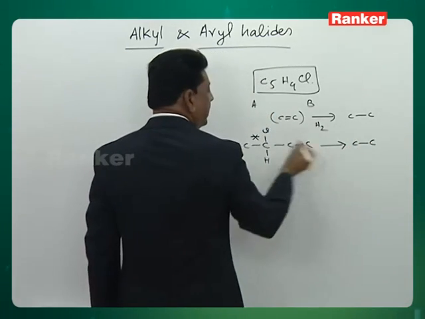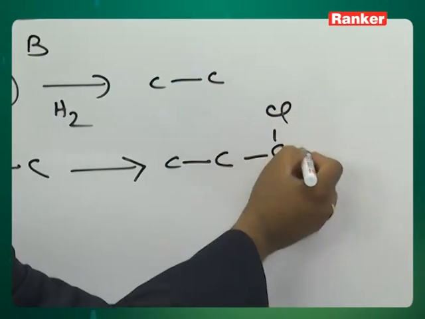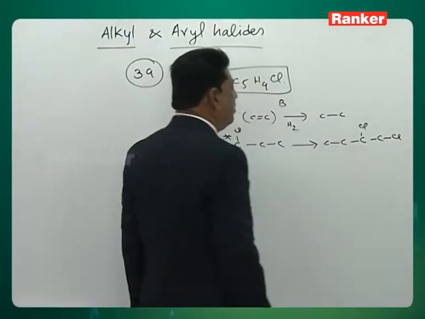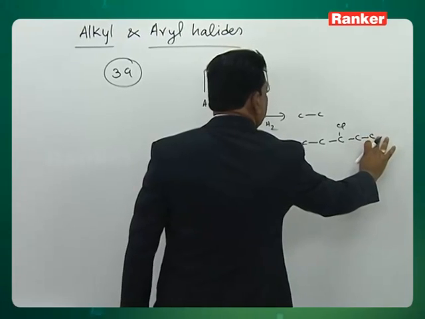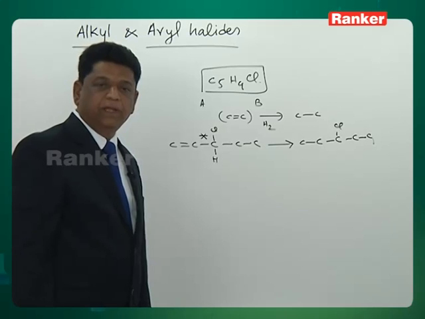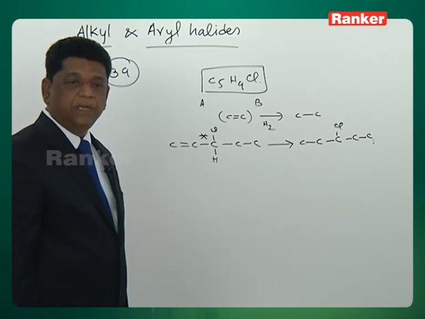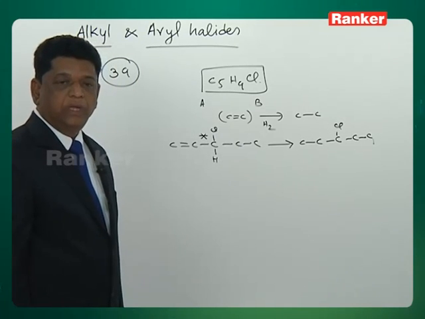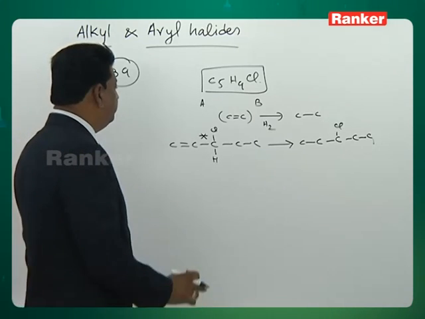That is, both sides ethyl will come now. So for the compound where he says the product is optically inactive, from which compound is the optically active one formed? A gives an optically inactive compound. So A must be this one.